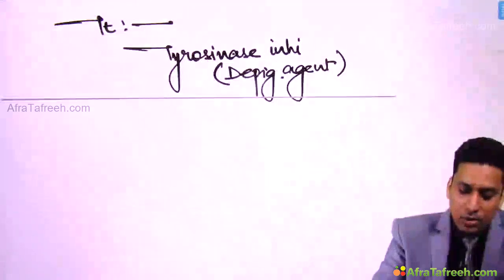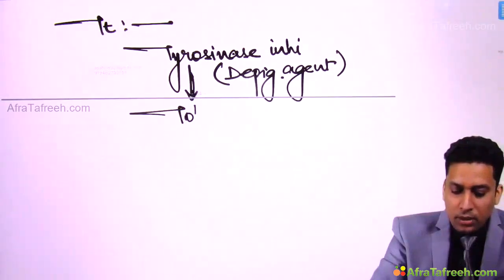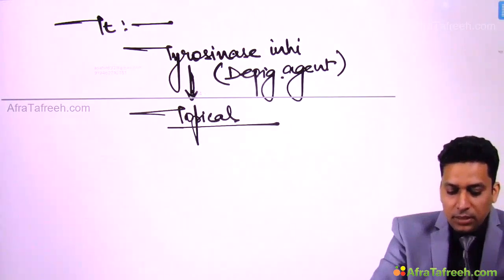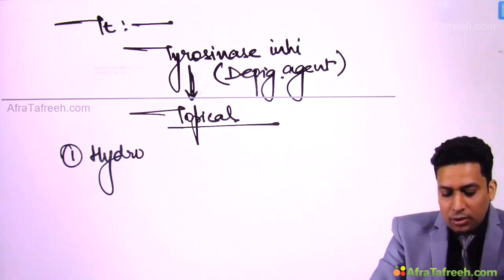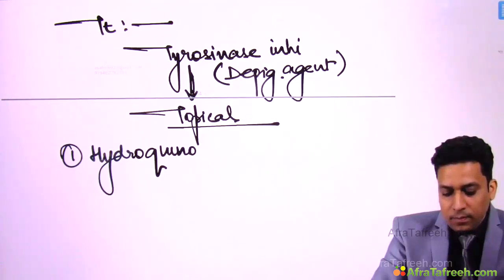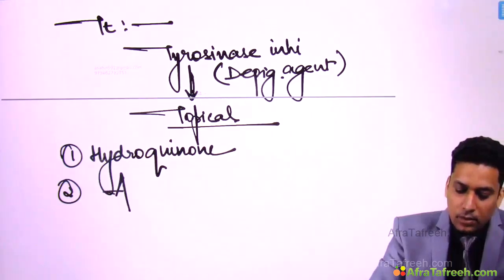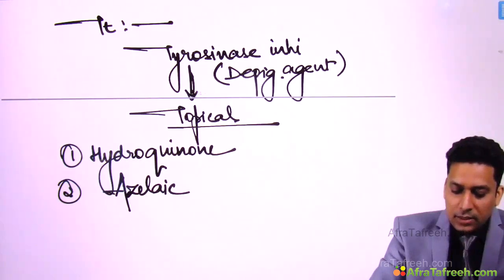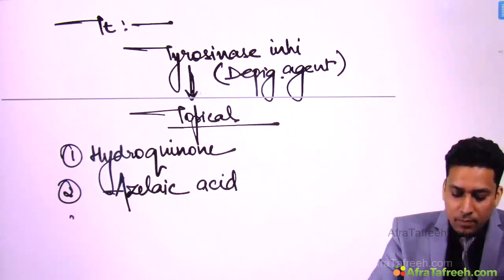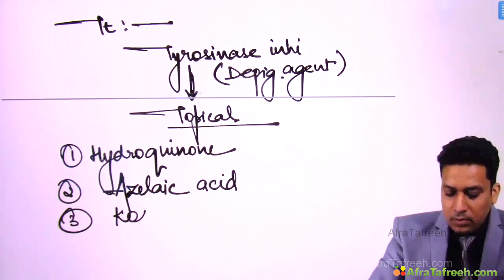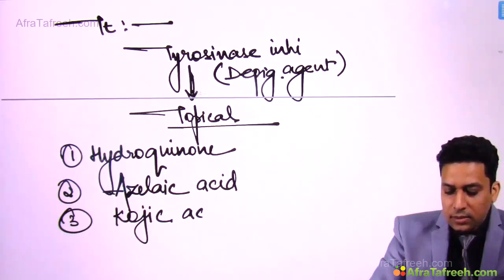These are the examples of topical tyrosinase inhibitors. First, hydroquinone. Second, azelaic acid. Third, kojic acid.